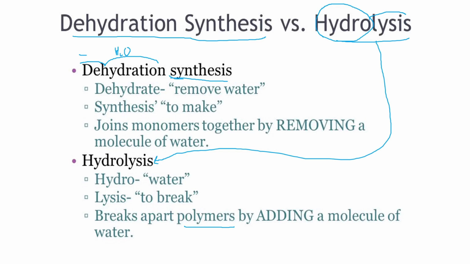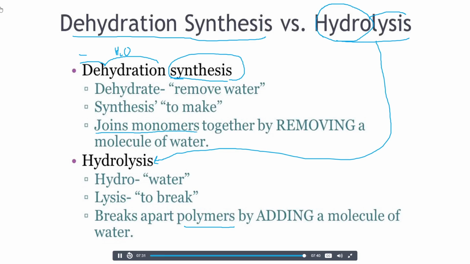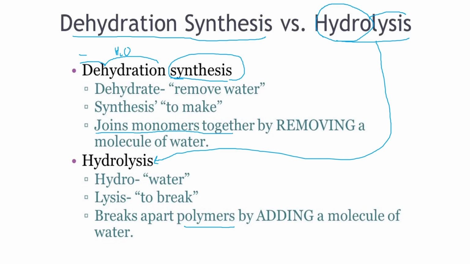So this reaction is called synthesis. Dehydration means removal of water, and synthesis means to make something, and it's happening in the cell all the time. By removing a water molecule, we join monomers together and produce more complex molecules. So this is why it's a biosynthesis reaction.